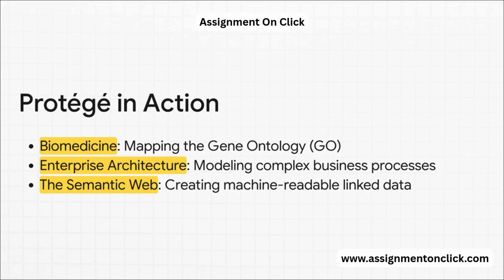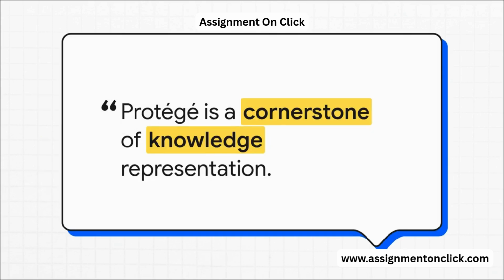Huge corporations use it to model their entire business structure, and this is the foundational tech for the semantic web. This vision for a web where information is linked and understood by machines, not just displayed by them. So when you hear someone say Protege is a cornerstone, this is what they mean. It isn't just a piece of software. It's a fundamental tool for encoding human knowledge in a language that machines can finally work with and reason about.